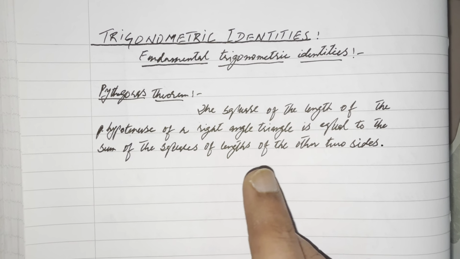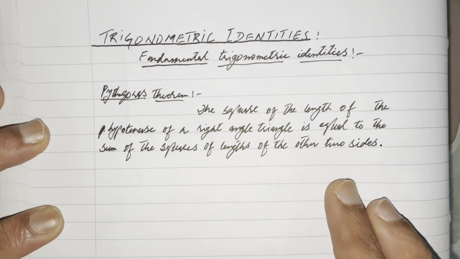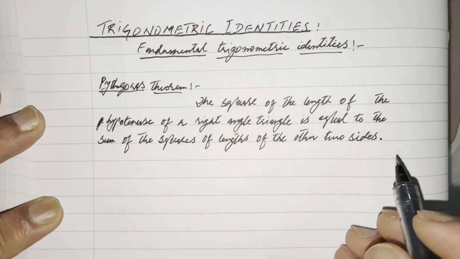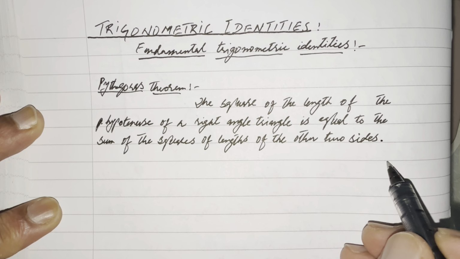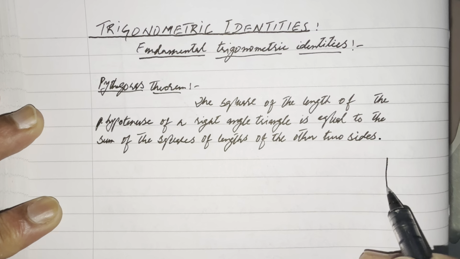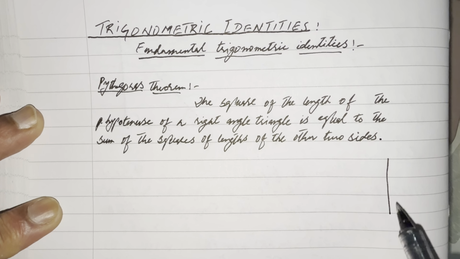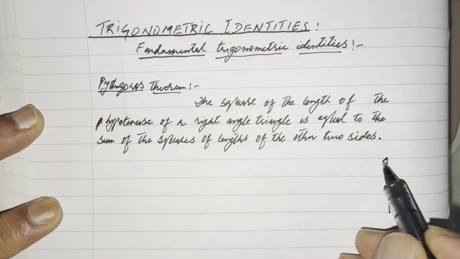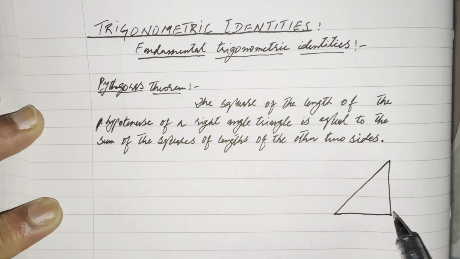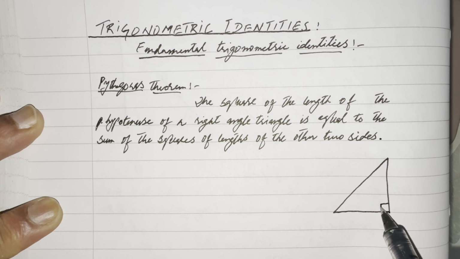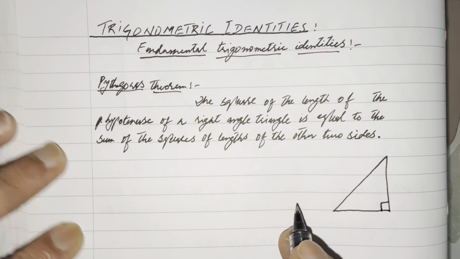So if we draw a diagram of a right angle triangle, it can be drawn as this shape, which is called the right angle triangle.